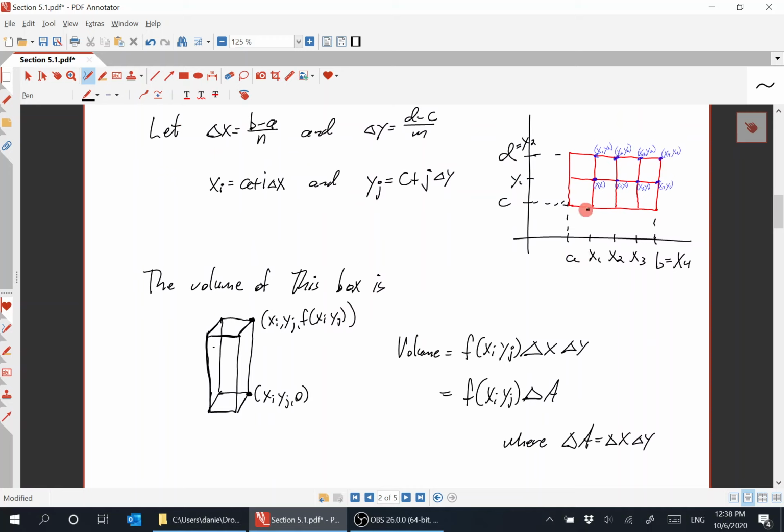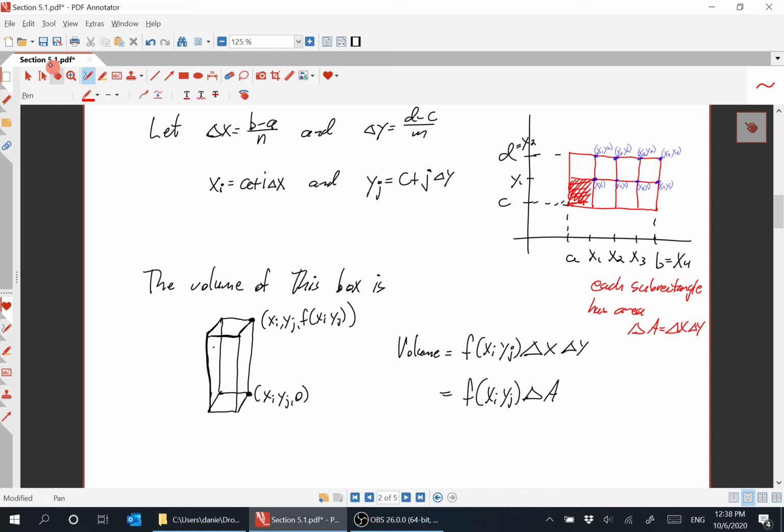Right, so delta A is the area of these rectangles here. So each subrectangle has area delta A equal to delta x delta y. Delta x is the distance between the x's, and delta y is the distance between the y's.